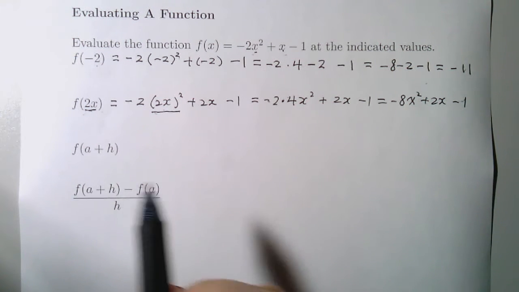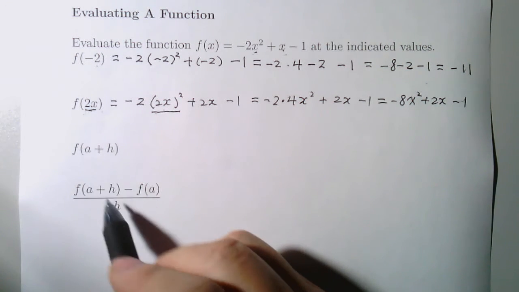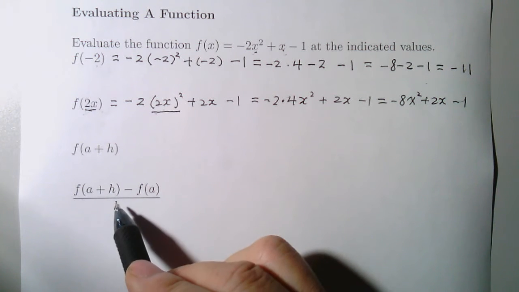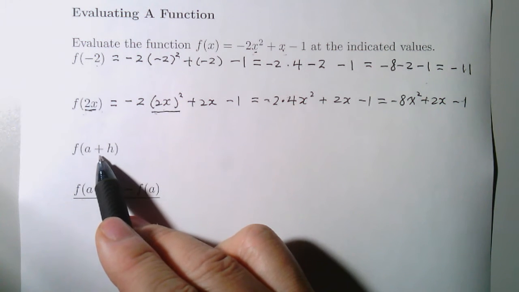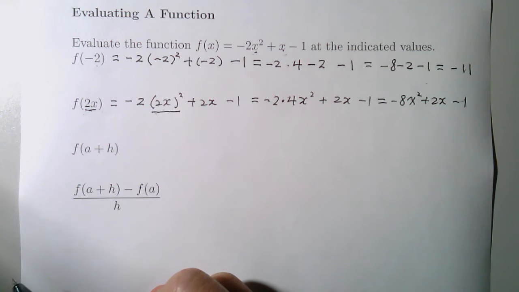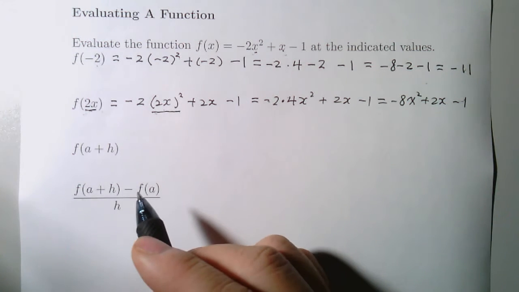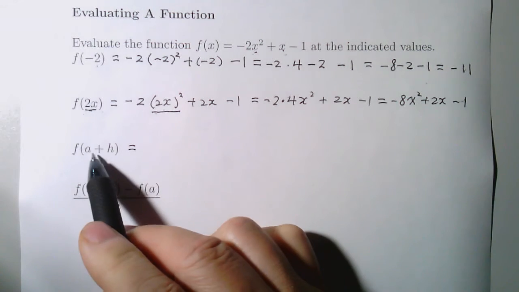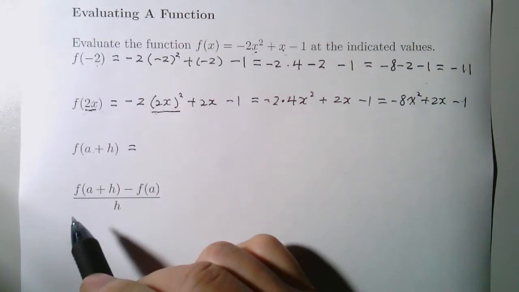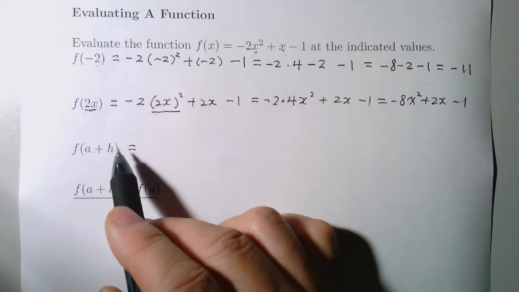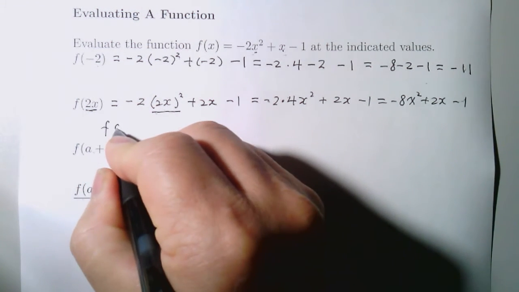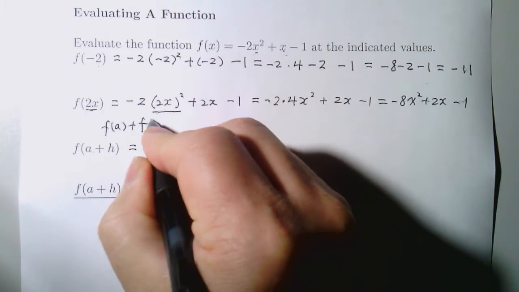Before we figure out the so-called difference quotient, let's evaluate f(a + h). Now it's getting more interesting. Sometimes people think f(a + h) equals f(a) plus f(h). Is that equal?